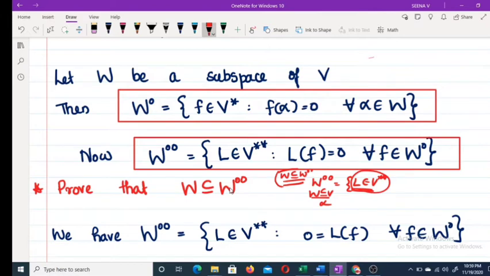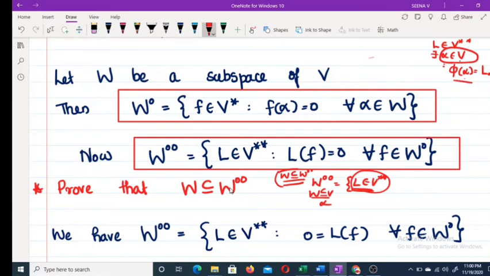If we have an L belongs to V double star, by our theorem there exists a unique alpha belongs to V such that phi alpha equal to L alpha, which is equal to L. We have that result.